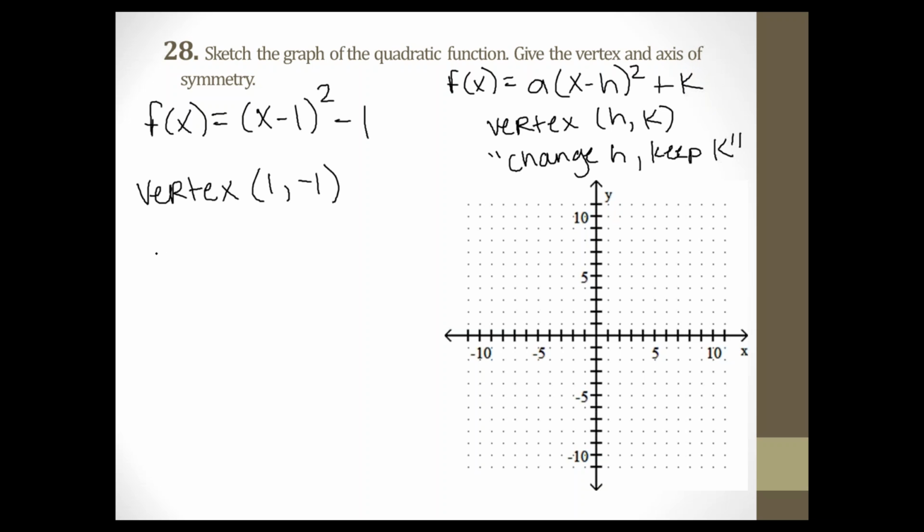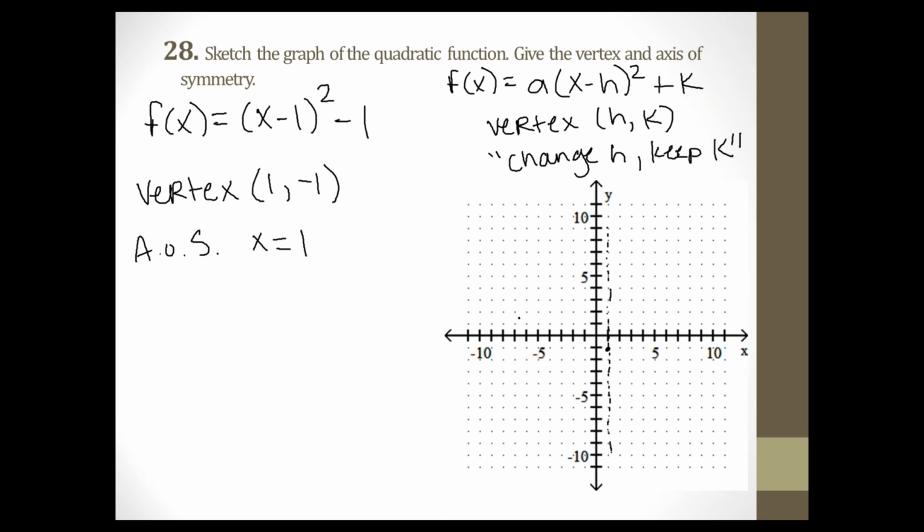Then the axis of symmetry is going to be x equals the x value of your vertex, which would be 1. So let's plot the vertex, 1, negative 1. Your axis of symmetry, see if I can draw a straight line. Oh, this is hard. That's your axis of symmetry.